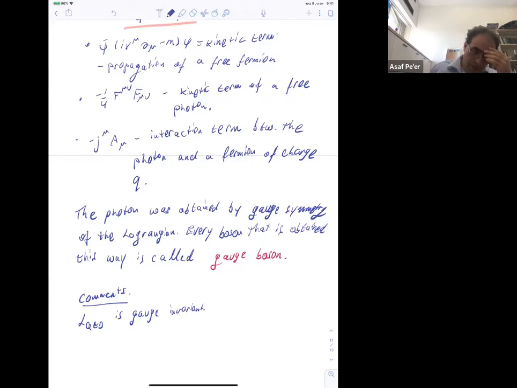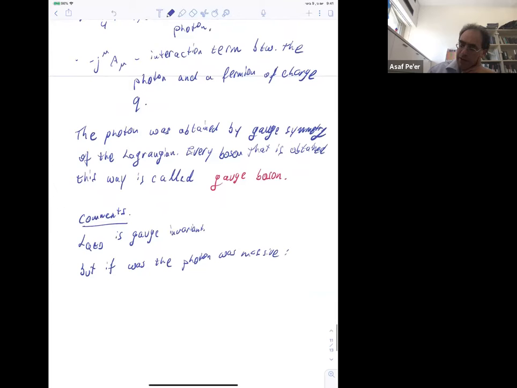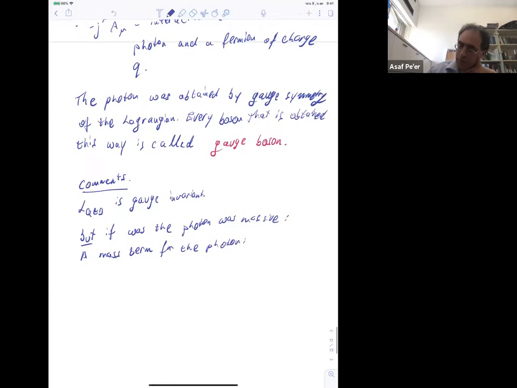But we could have done something else. We could have added a mass term for the photon. If the photon was massive, then we had a mass term for the photon, 1/2 m_gamma squared A_mu A^mu.